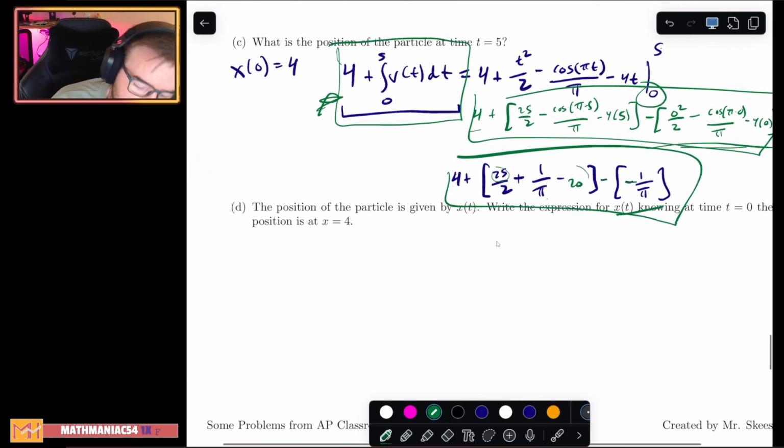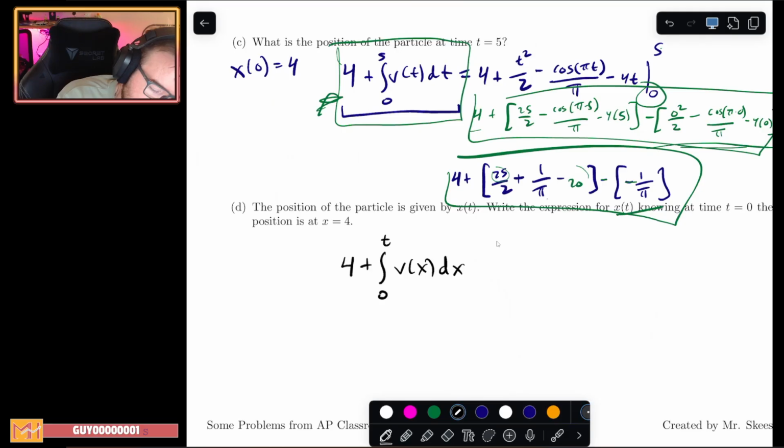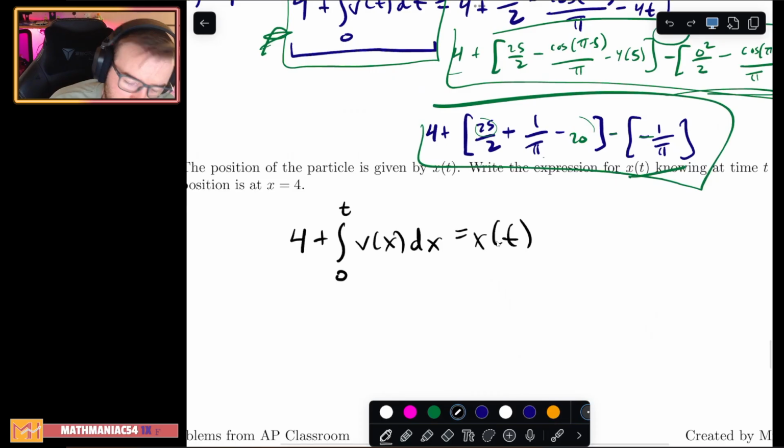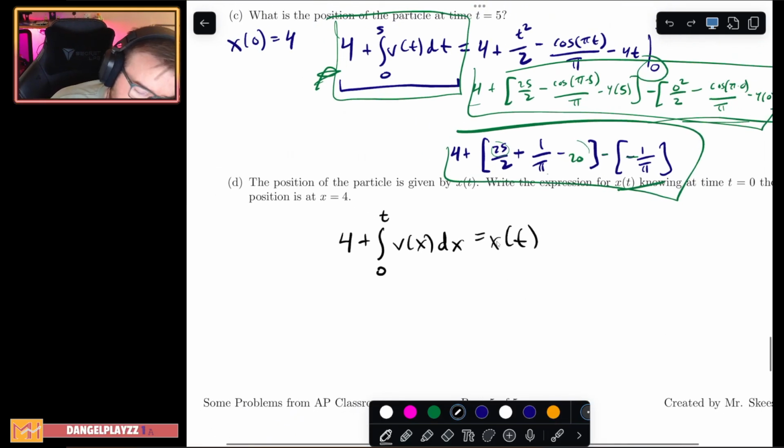Now, there were two students who wrote this. Oops, no dt. And just stopped. Because it said write an expression for x of t.